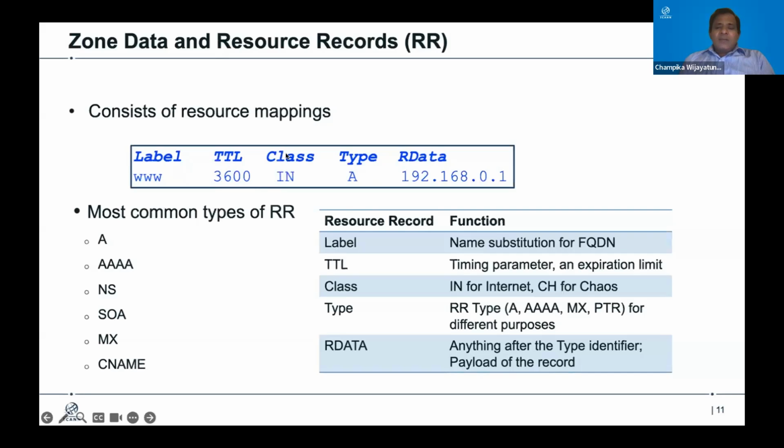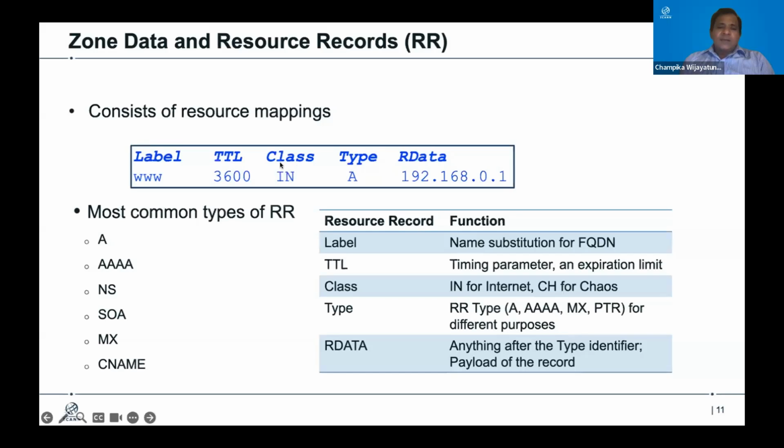Okay, then we have another field called class. Nowadays you don't really need to worry about this. This class was used a long time ago when DNS started, because there were a few other classes, and we primarily used the internet class.